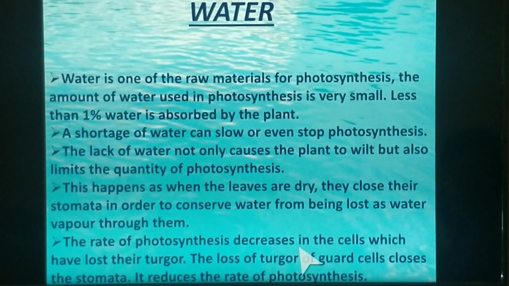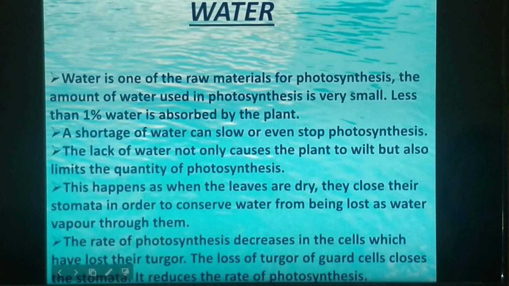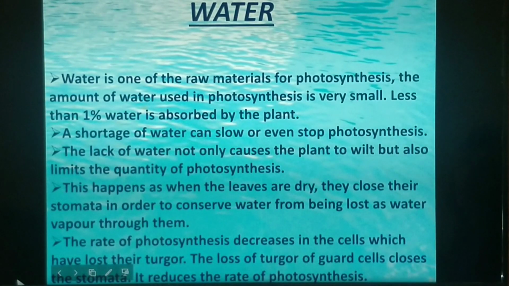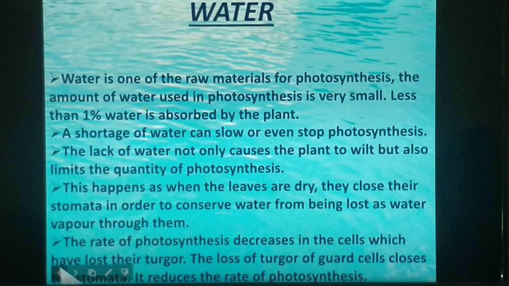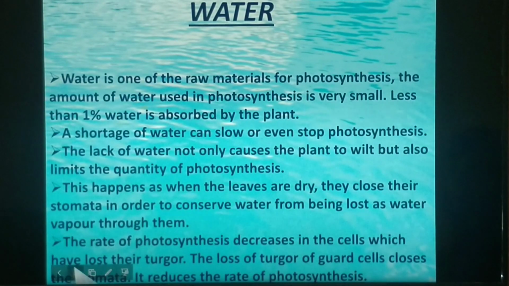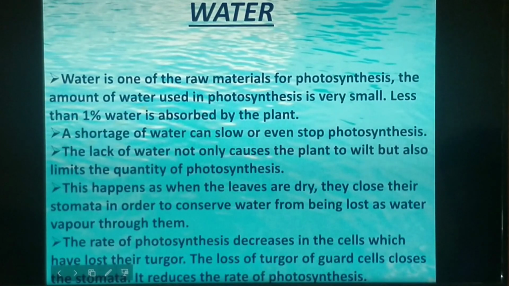The loss of turgor of guard cells closes the stomata. Loss of turgor means the water comes out of the guard cells and they become shrunken. That position is called loss of turgor. It reduces the rate of photosynthesis.